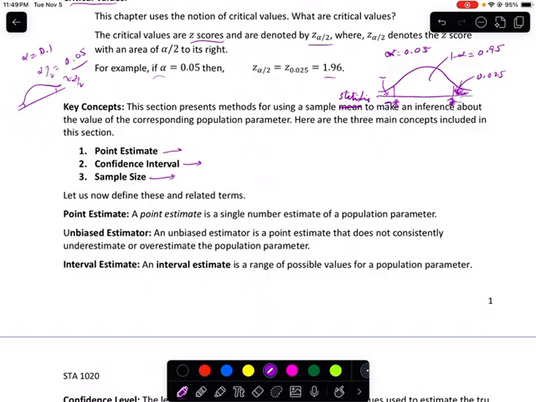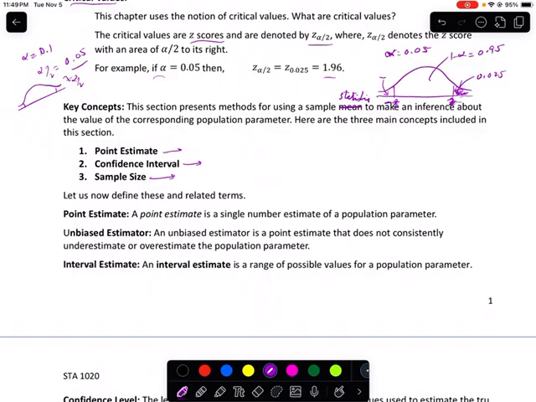There are some key concepts or related terms which help us understand the confidence interval and to construct it. So let us look at those. The first one is the point estimate.